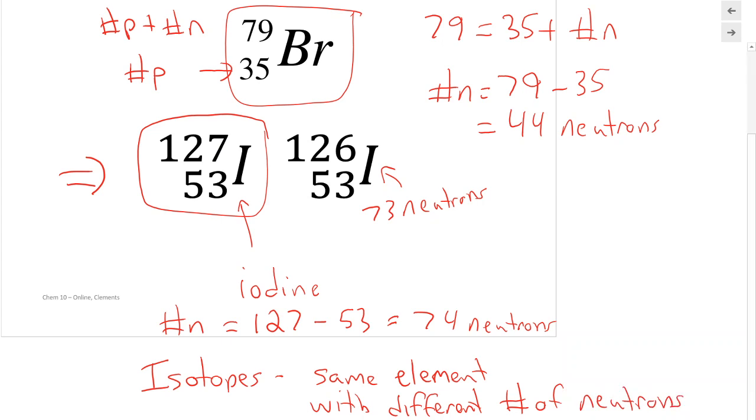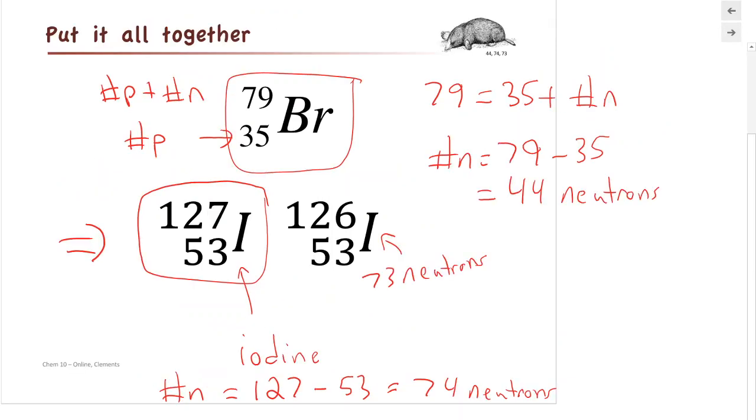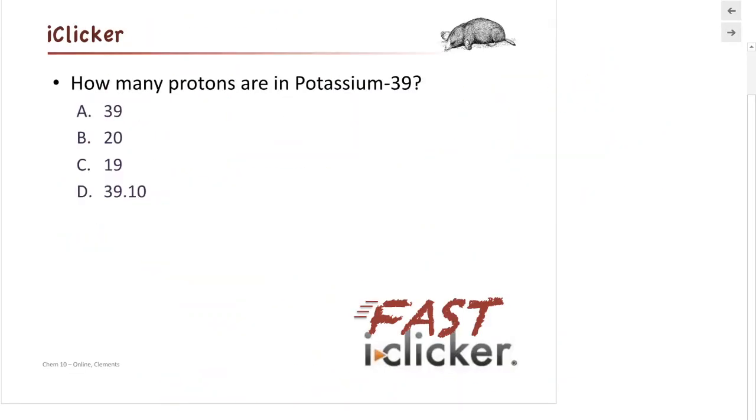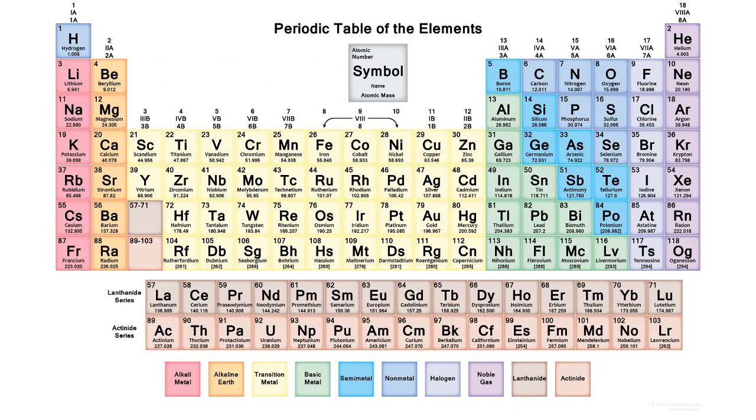Alrighty, so a couple examples for you to try. First one: how many protons are in potassium 39? Take a moment and try to answer that one. Alrighty, what did you come up with? Well, we need to go over to our handy dandy periodic table and find potassium. Potassium is one of those odd ones. It's K. It's got 19 protons.